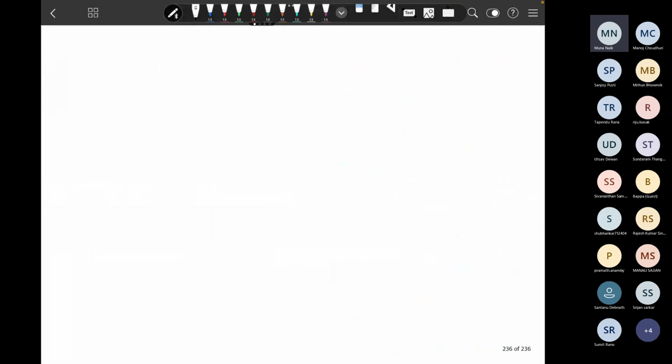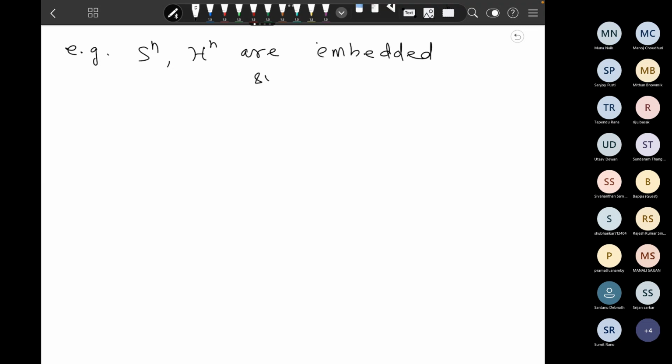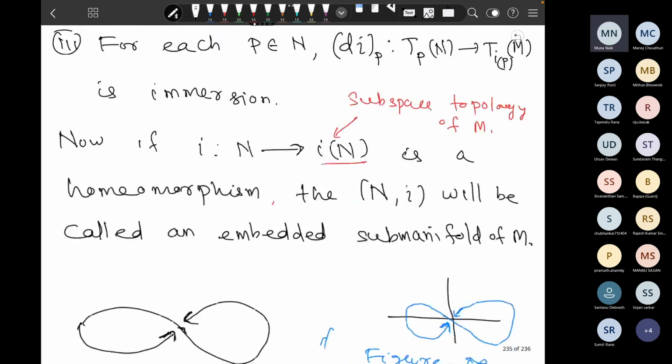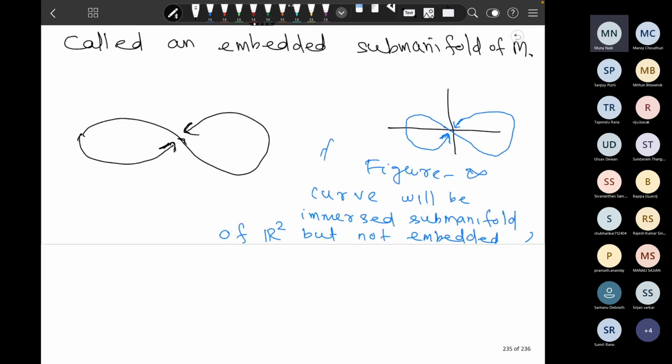For instance, S^n and H^n are embedded submanifolds of R^{n+1}. So I have now defined the submanifold.